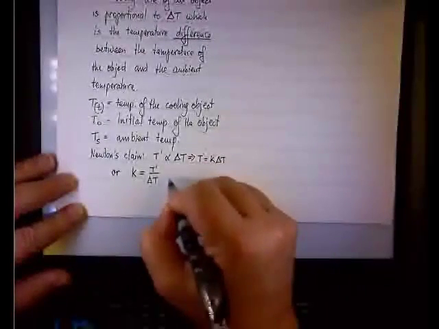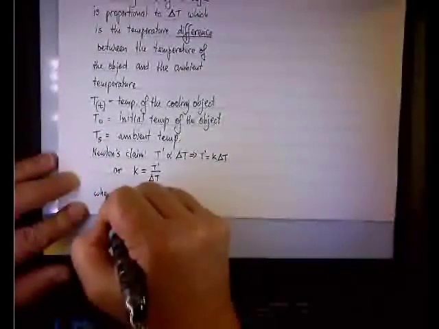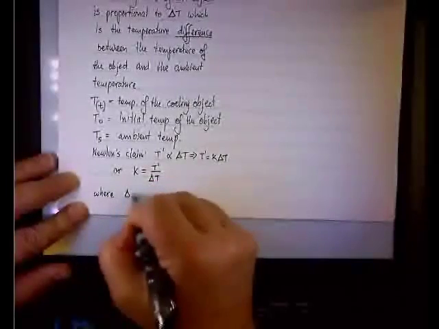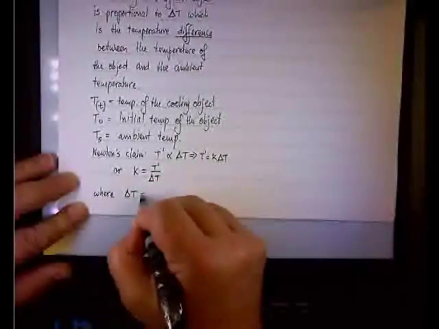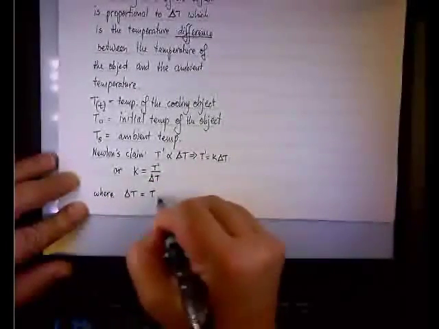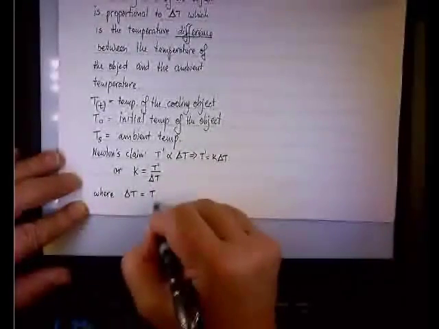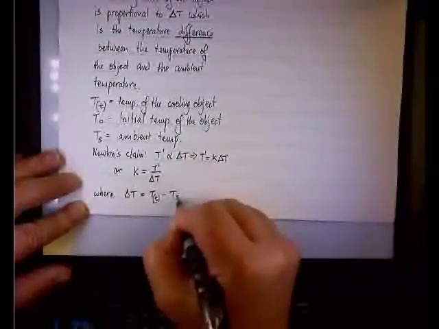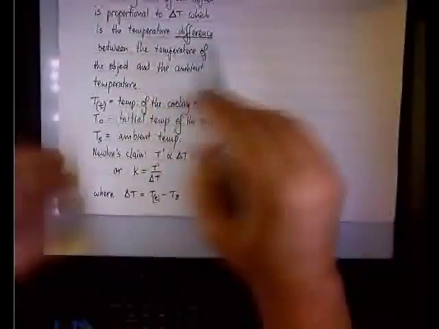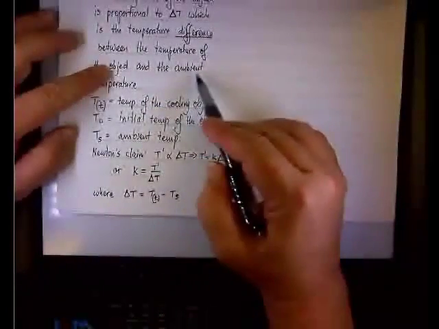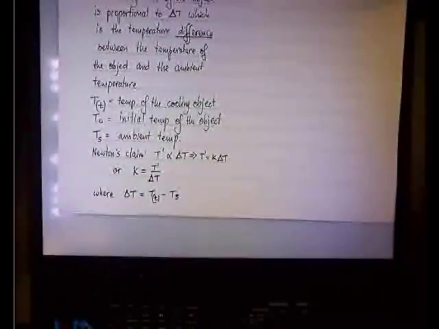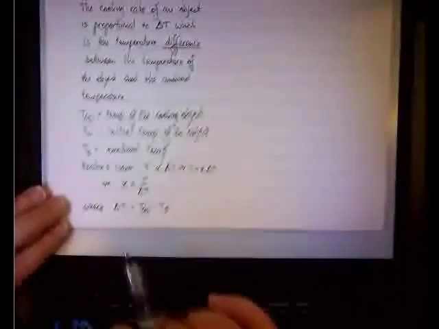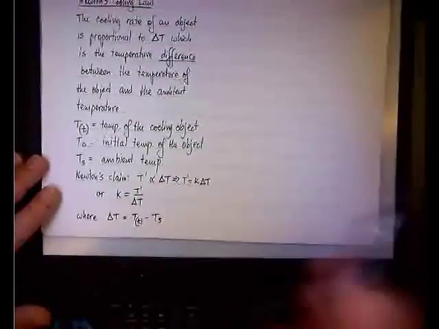So let's write where delta T will be the difference between T of t minus T sub S, the difference between the temperature of the object and the ambient temperature. Actually, it's going to come soon because we're going to define a function that we're going to substitute for delta T.